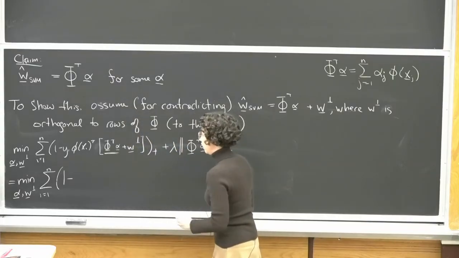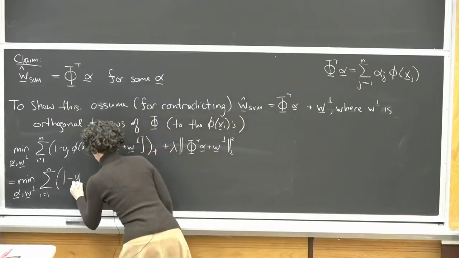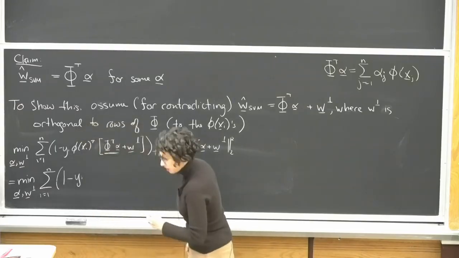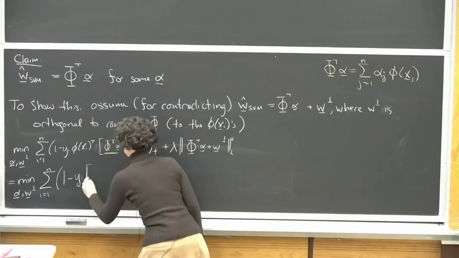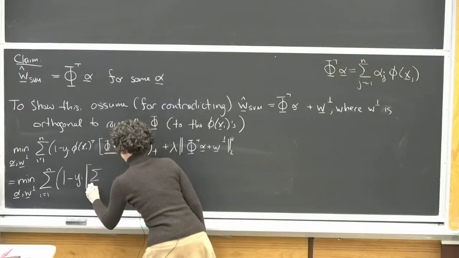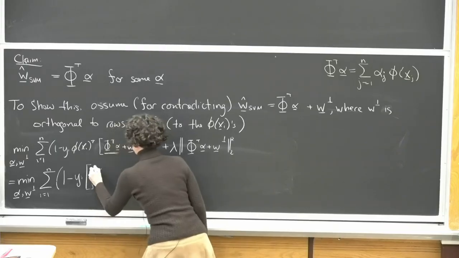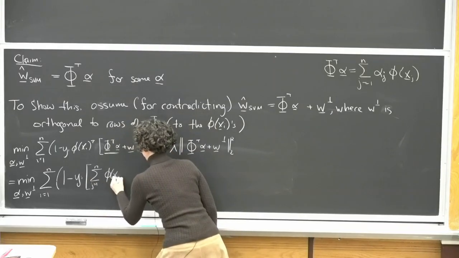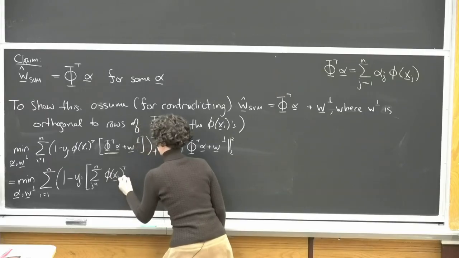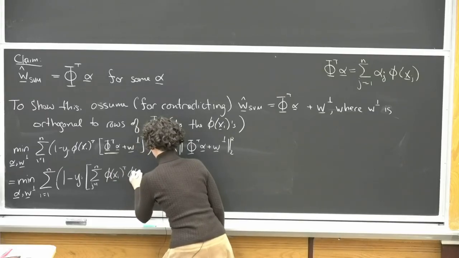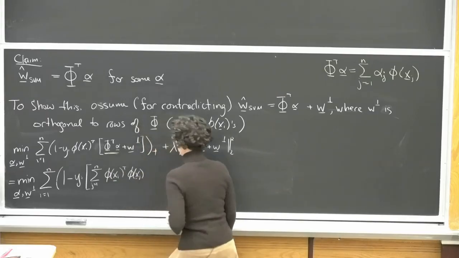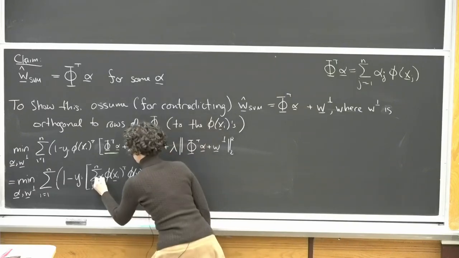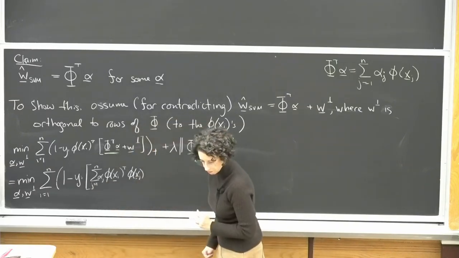And so what I'm going to have is y_i, and then in my brackets here, I'm going to have the sum from j equals 1 to n of phi of x_i transpose phi of x_j, and that gets multiplied by this weight, alpha_j.